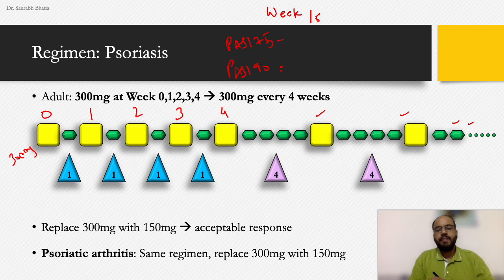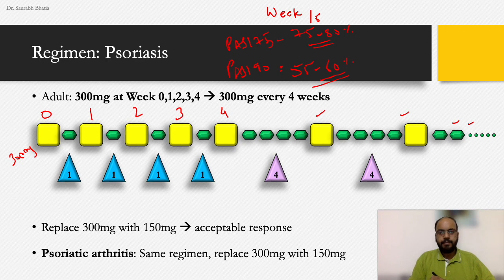PASI 75 means 75% reduction in the PASI score as compared to baseline. PASI 90 is 90% reduction in PASI score as compared to baseline. It has been found that roughly 75 to 80% of patients will have achieved PASI 75 at week 16, while roughly 55 to 60% of patients would have achieved PASI 90 at week 16.